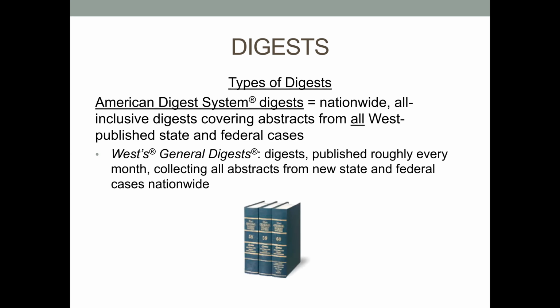Now, the American Digest system is updated every month with a volume called West's General Digest. And so this national coverage, a new volume comes out about every month because so many of these cases are coming out every day.